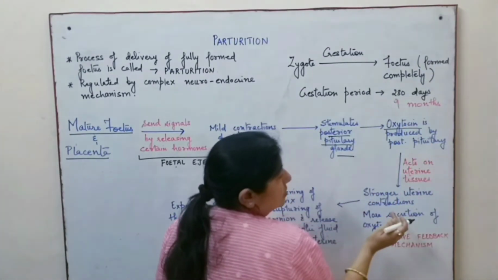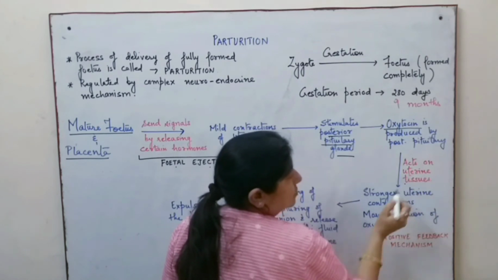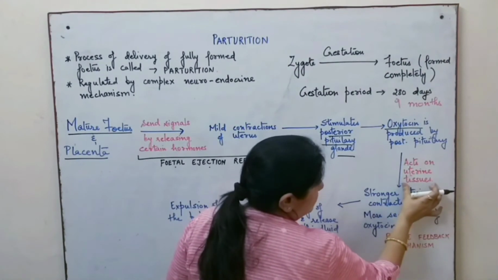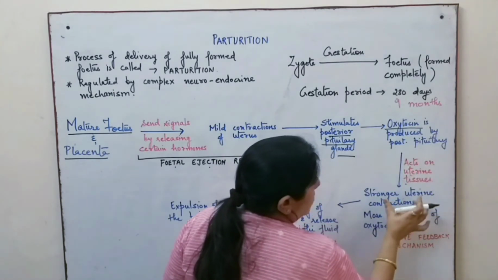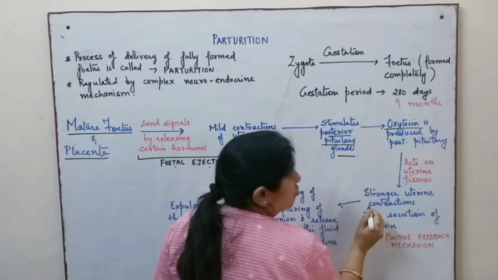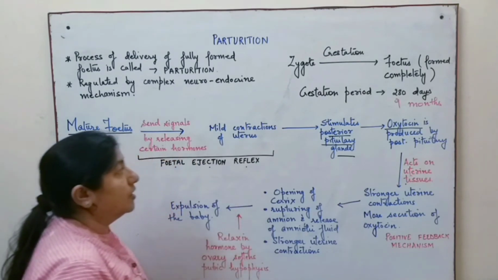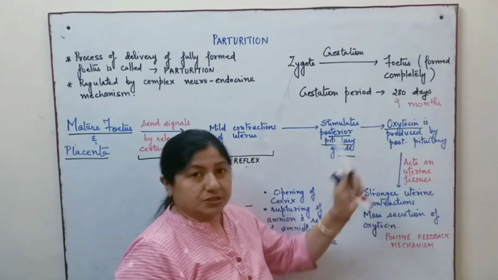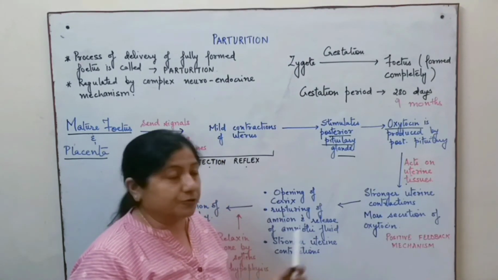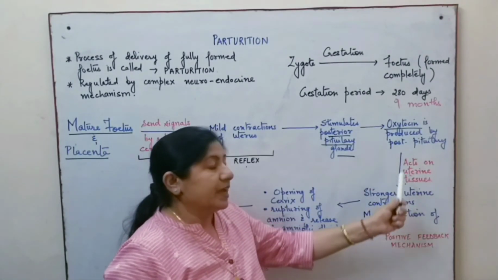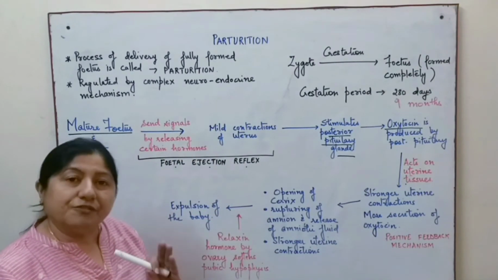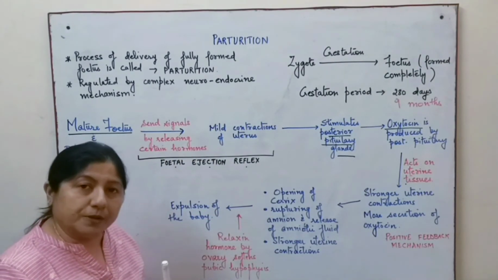This oxytocin hormone further acts on the uterine tissues, and the oxytocin will therefore cause stronger uterine contractions. Earlier the contractions were mild, but as a result of the oxytocin produced by the posterior pituitary region, it causes stronger uterine contractions. Now here we will observe a different phenomenon.